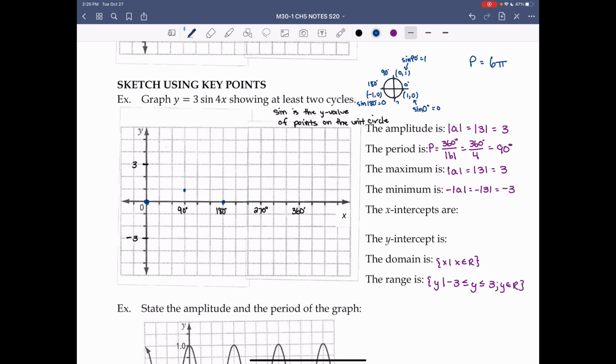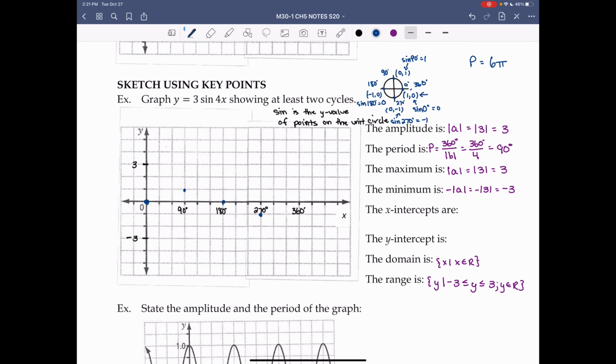Then at 270 degrees, we have the point (0, -1), which tells us that sine of 270 degrees equals negative 1. Find 270 degrees on our x-axis, go down to negative 1, and plot your point. And then we get back to 0, which is also 360 degrees.